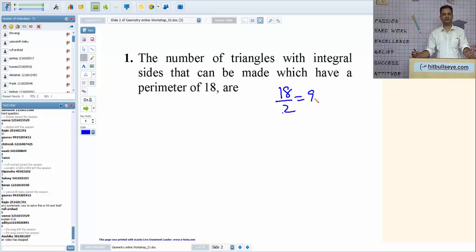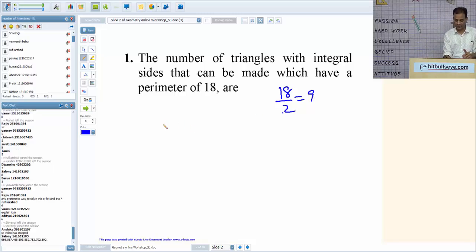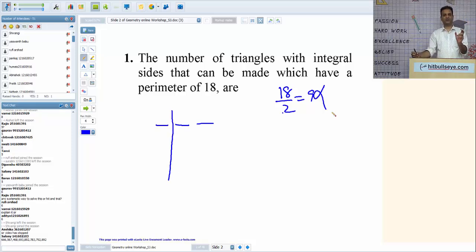The basic property is that the sum of any two sides should be greater than the third side. So I have to start with 10, because the sides are integral. If the sum of two sides is 10, the third side can be 8.